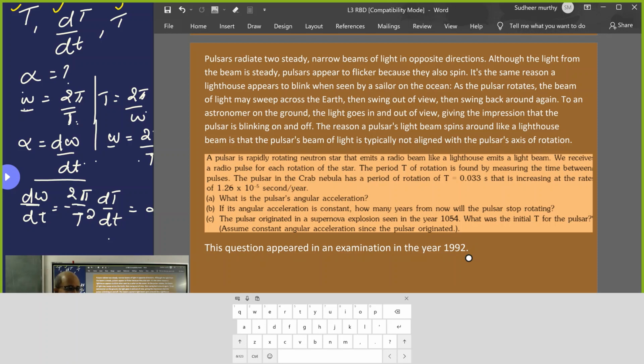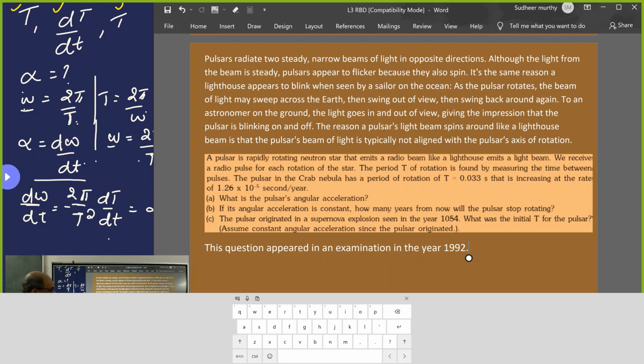So 1054 you put as small t equal to 0, and the present time is 1992 minus 1054. What will that give you? 1992 minus 1054 should give you 938 years.